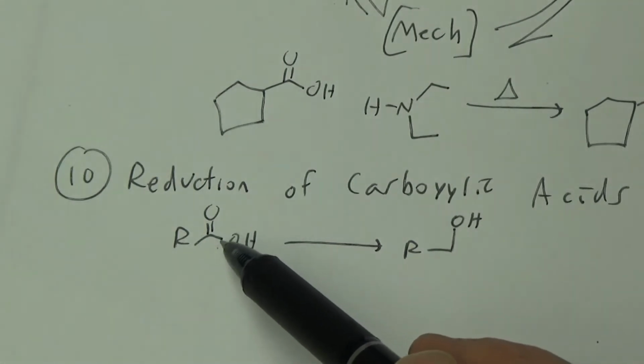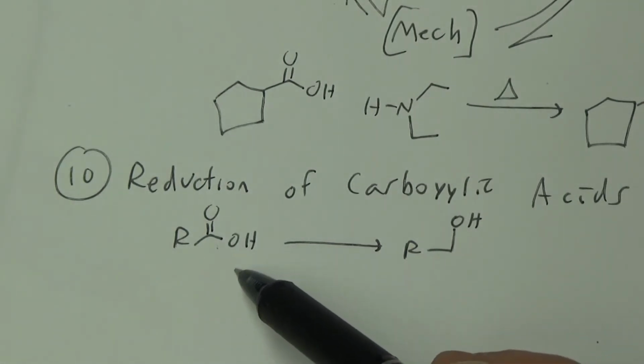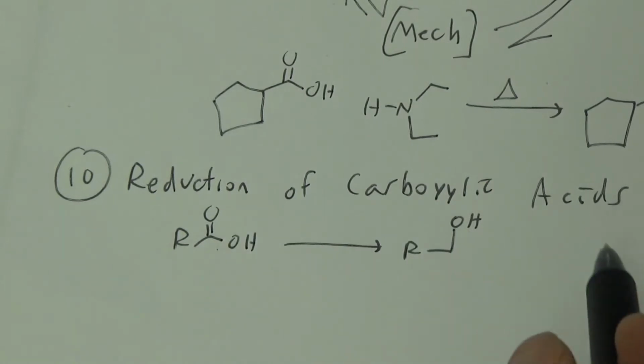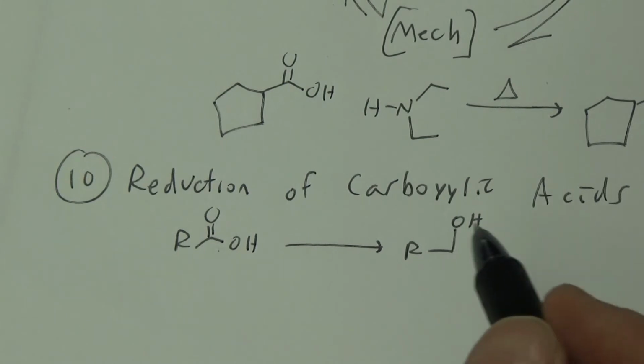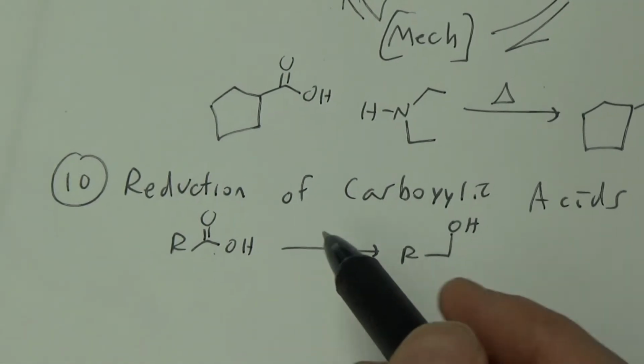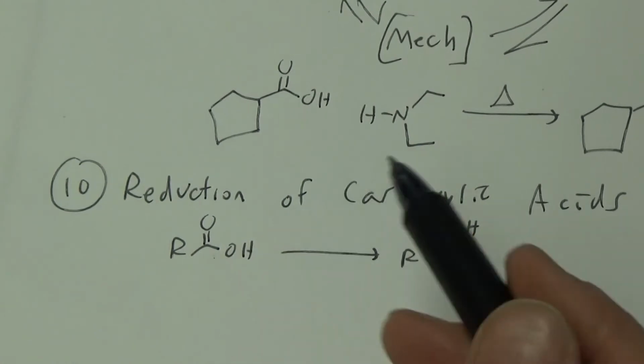Certain reducing agents, H- reagents, will attack and convert C double bond O's into C single bond O's. What is the reagent? You remember any of them? There are basically two of them that do this for ketones and aldehydes.